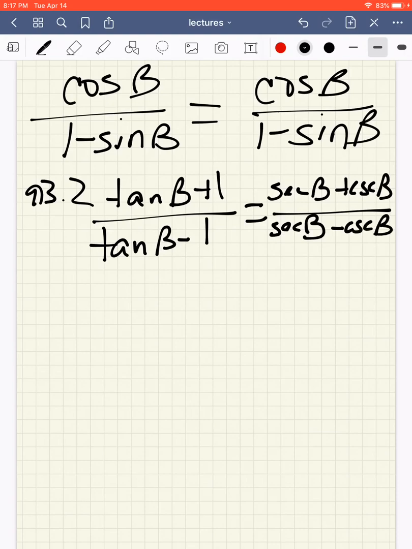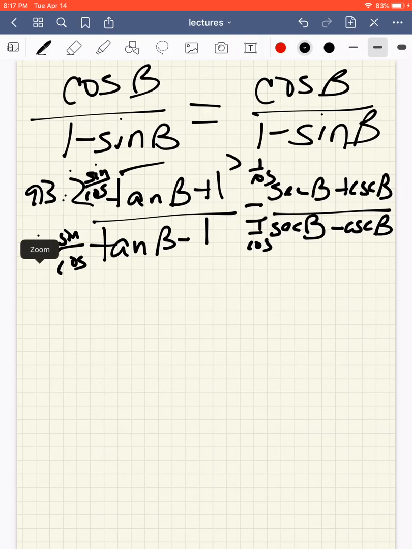All right, so let's think about this. Tangent is sine over cosine, right? And secant is 1 over cosine. So if we're going to change this into this, we need to get rid of that sine, don't we? Okay, so if we multiplied by 1 over sine and 1 over sine, the sines would cancel, wouldn't they?